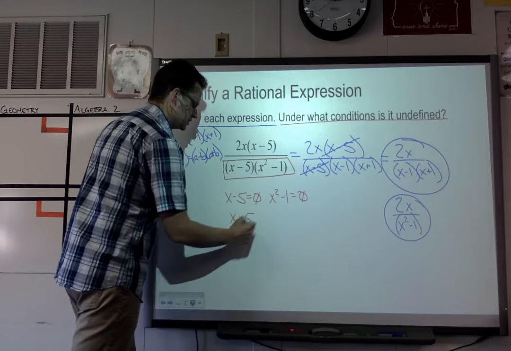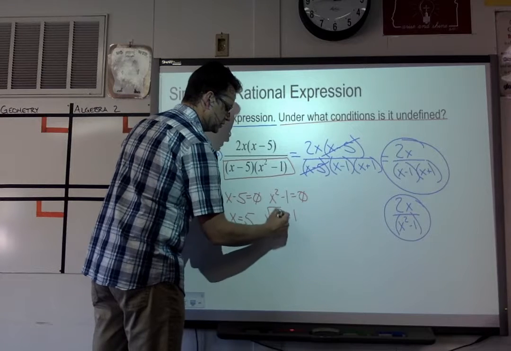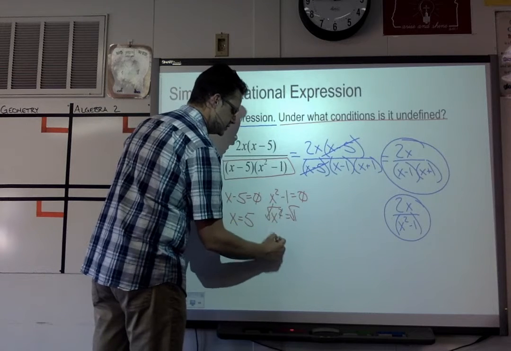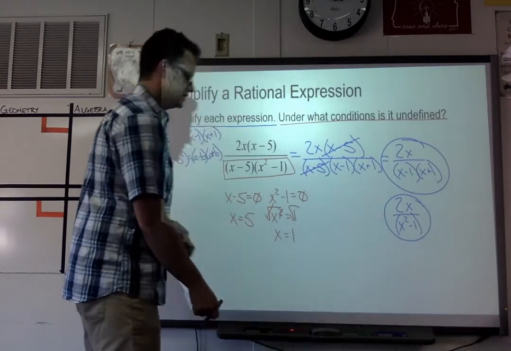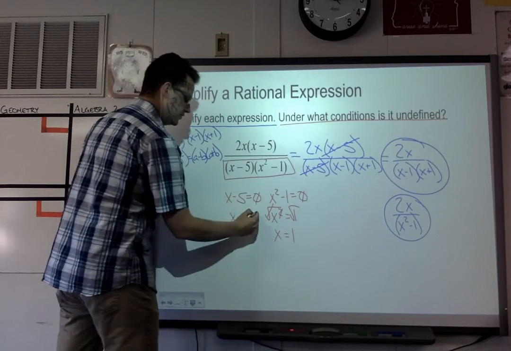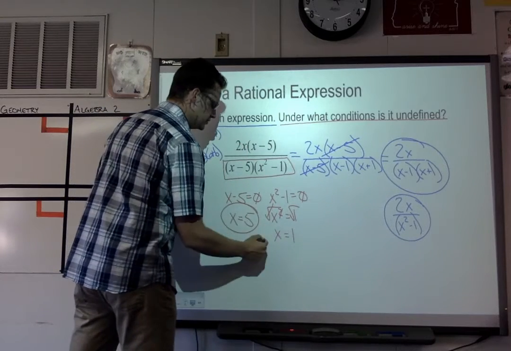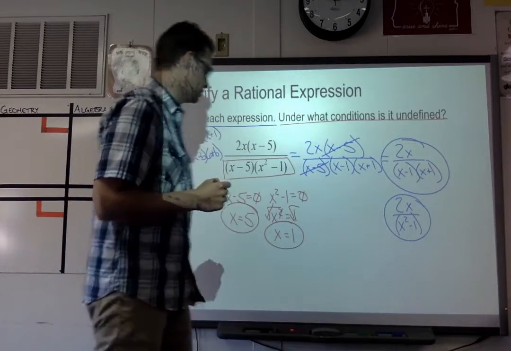So x equals 5, x squared equals 1. We take the square root of both sides. So x equals 1. So we would say that under what conditions is it undefined? It's undefined for x equals 5 and for x equals 1.